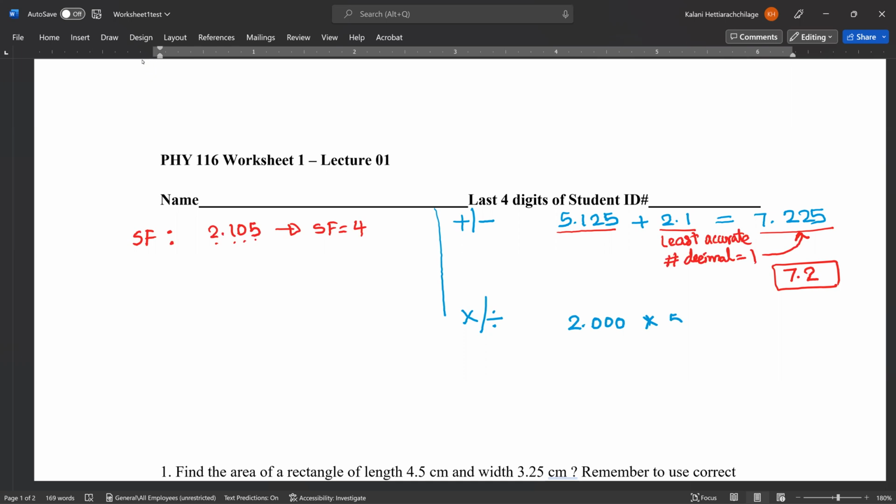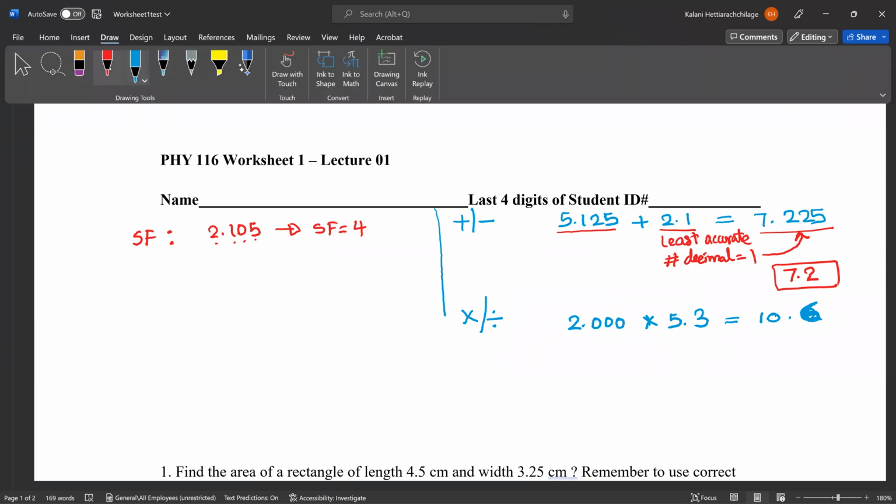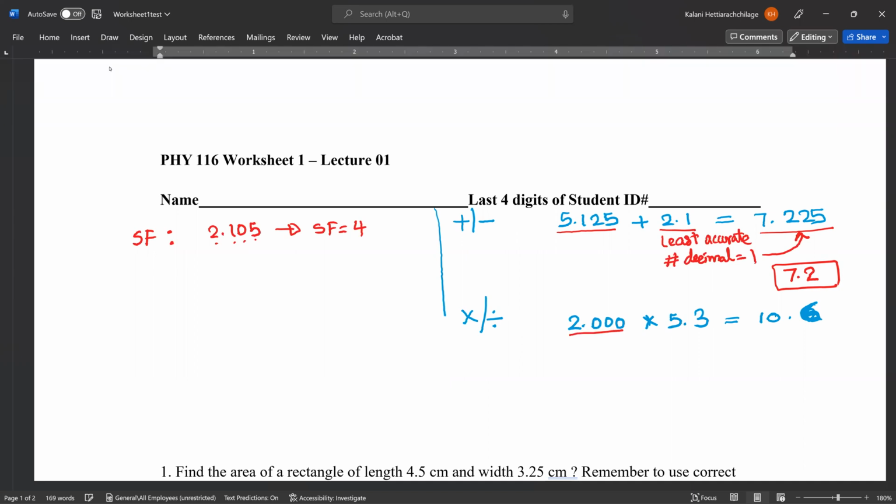If I multiply that, I will get 10.6. Simple example. Now the rule for this is important. Different from the first rule, you need to count the sigfix and find the number with the least sigfix.